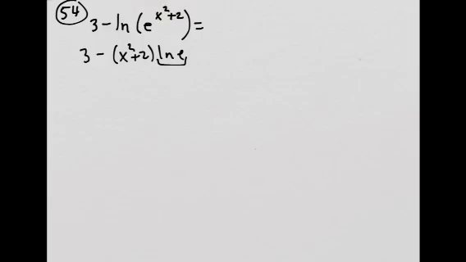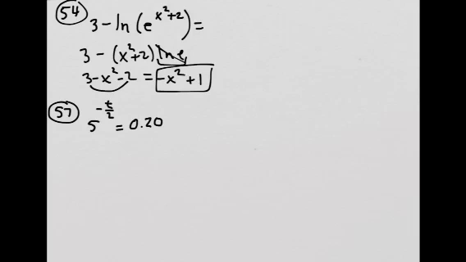Well, natural log of e is 1, and so I'm going to distribute the negative. 3 minus x squared minus 2. Combine the 3 and the negative 2, so that's going to give you negative x squared, and 3 minus 2 is 1. So that would be the answer for this one.